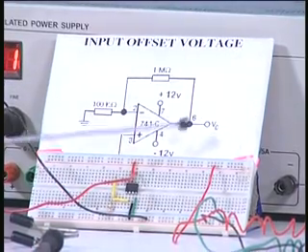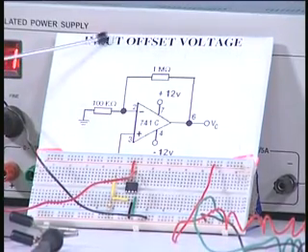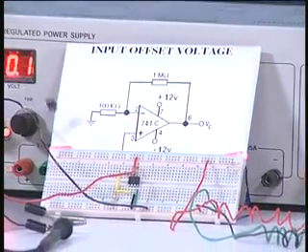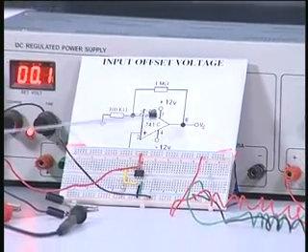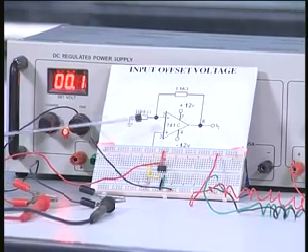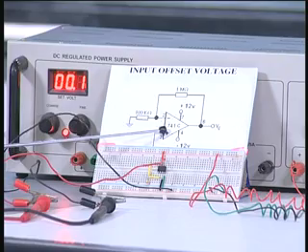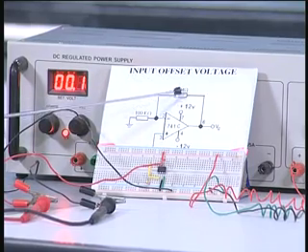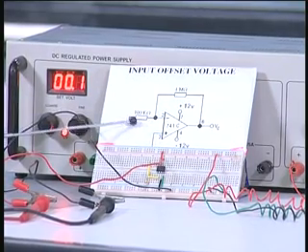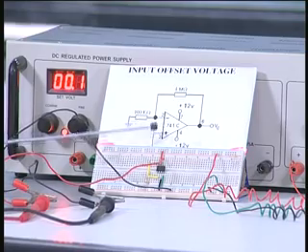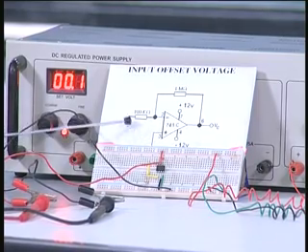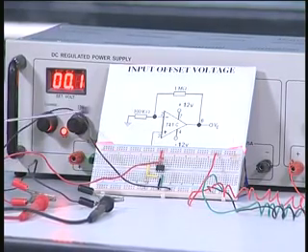Here you have the circuit for measuring the input offset voltage. You can see it is the same circuit which we used a moment ago. You have the 741 op amp, you have the RF 1 mega ohm and R1 100 kilo ohm, and both the inputs are grounded. The same circuit is wired here on the breadboard.